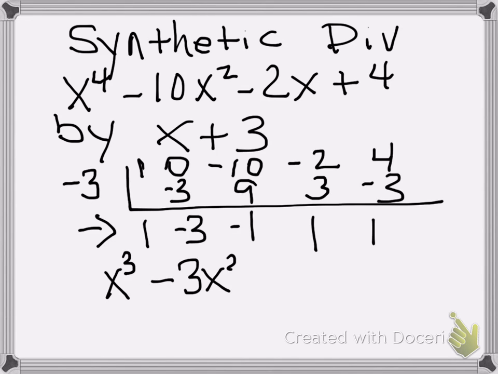Descend again would be minus x. Descend again would be plus 1. And then that last number over there is your remainder. So you're going to put plus 1 over the divisor, which was x plus 3. And that's your answer. And you could get exactly the same thing if you were to do long division on this, but this is just a little easier.